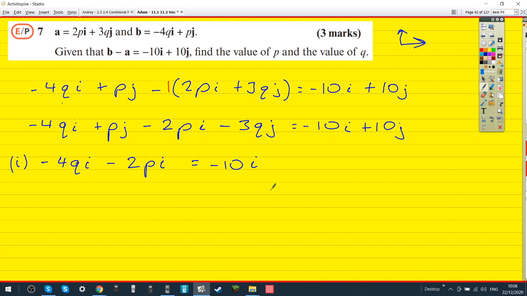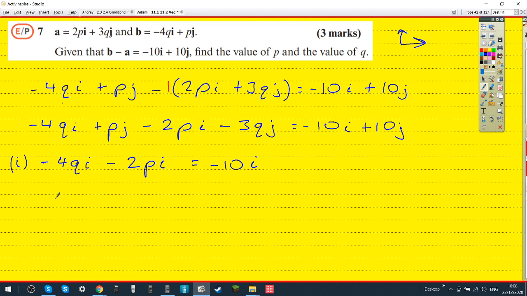You do the same for the J direction, and you can divide everything by I if you want to make it simpler. So if you divide by I, it just gets rid of all the i's.